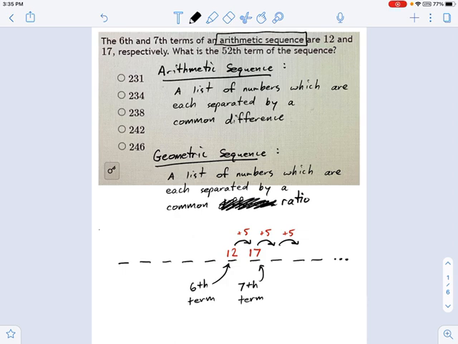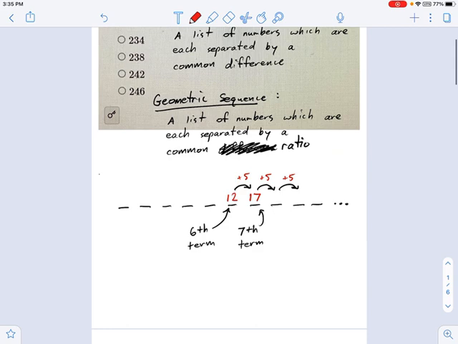How do we use the information about the 6th and the 7th term to figure out something way down the line, like the 52nd term of the sequence? Well, it comes down to this idea of how much is each one of those hops. It's 5. So if each hop is 5, the question is, how many hops am I taking?